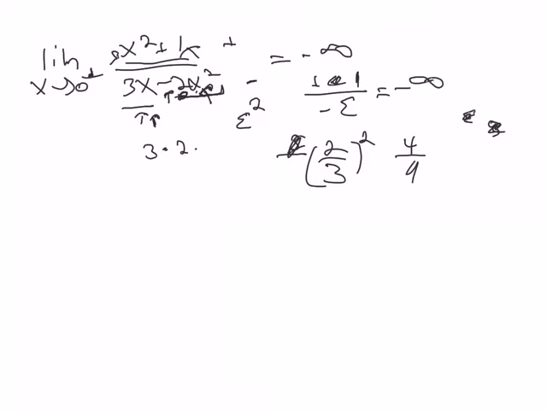So even though there's a negative over here, 2x squared is going to be smaller than 3x when x is really, really small. And so the denominator is positive. We have a positive number over a positive, really small number, so this is going to be infinity.